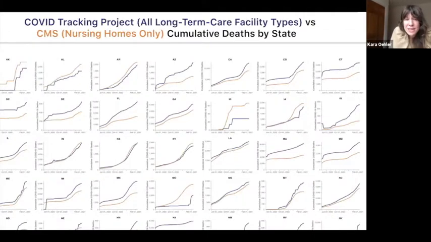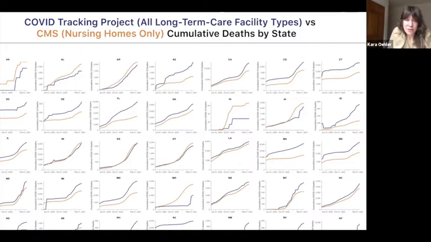Here we lined up every state, and the blue line you can see is the state reported data, and the orange line is the CMS reported data. So this is total cumulative deaths reported by the state compared to CMS. And what's strange in some of this data, just in these preliminary evaluations, is that it looks like 12 states are reporting lower deaths than CMS is.